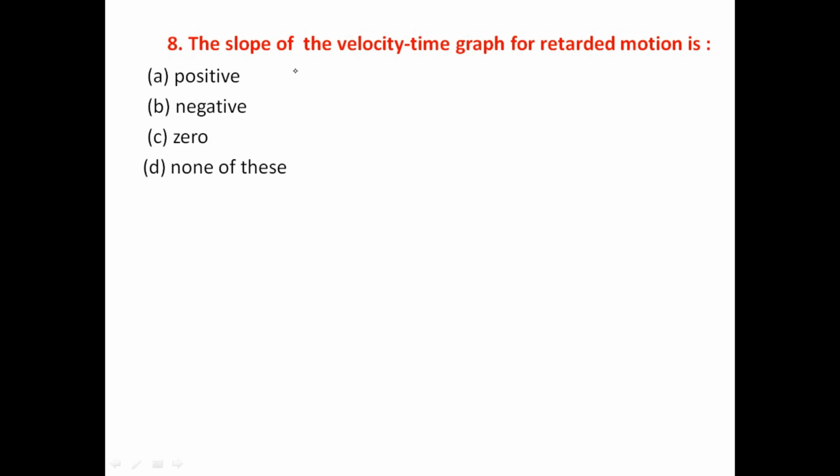Let us look into question number 8. I'll read out. The slope of velocity time graph for retarded motion is. What do you mean by retarded motion? The object is about to stop.